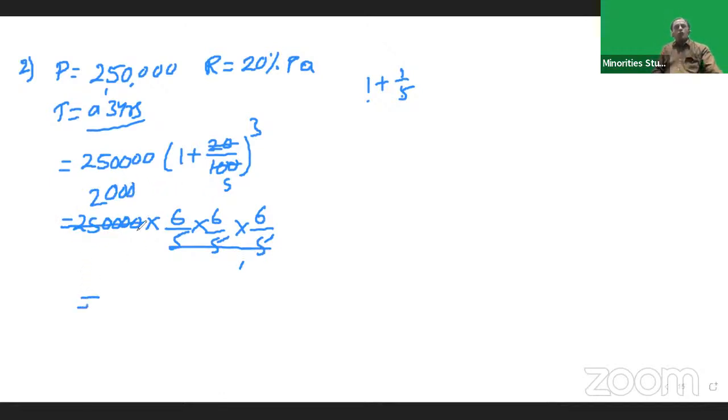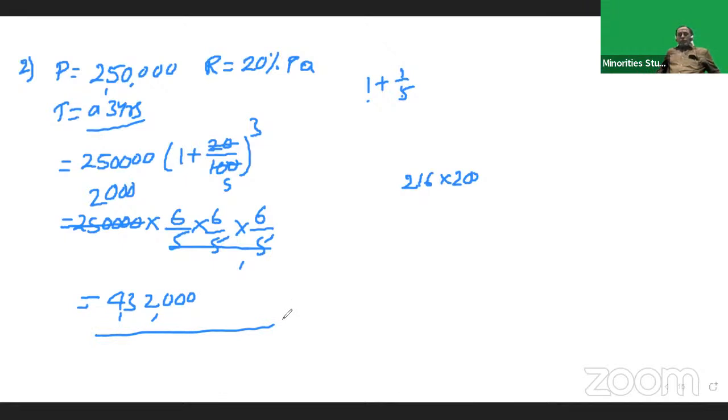Now it is equal to 2000 into 6 into 6 into 6. That is 6 cube. 6 cube is 216. 216 into 2: how much? 432. Now 3 zeros: 4,32,000.